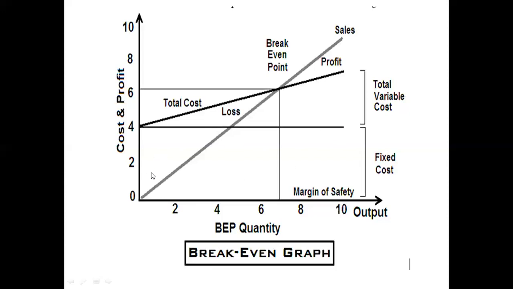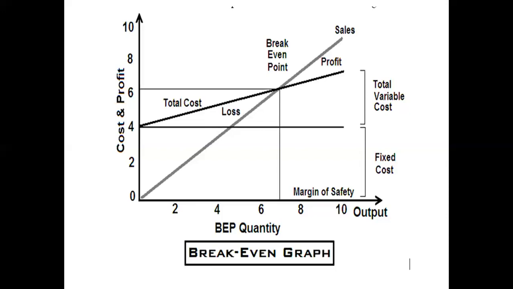See here, this is a variable line. As the quantity increases, the cost also increases. As the units of production increase, we are going to use more raw material and more labor. So the cost keeps increasing as we increase the production volume. That type of cost is known as variable cost.